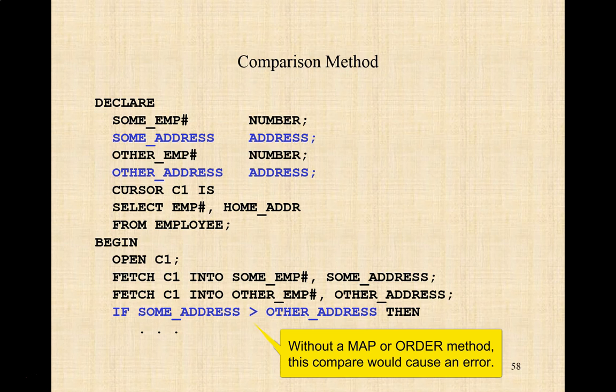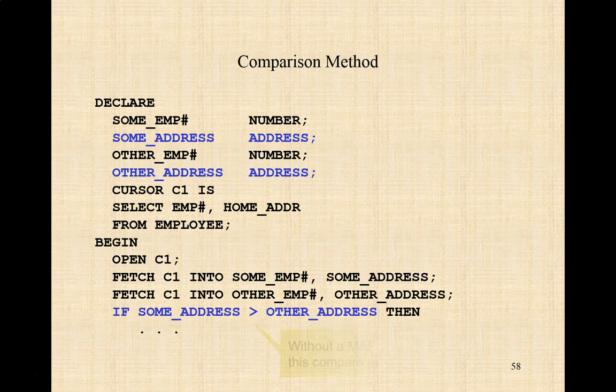For example, if SOMEAddress is greater than OtherAddress, then take some action. In this case, this will cause the comparison method to be invoked for the object.